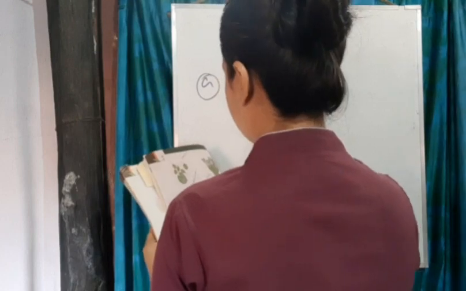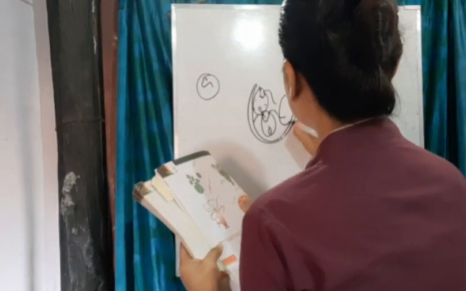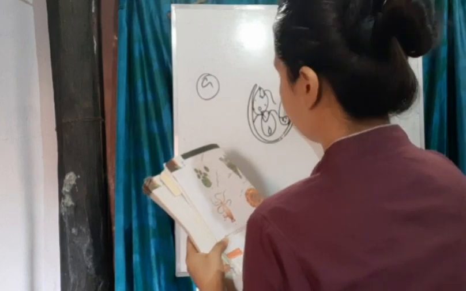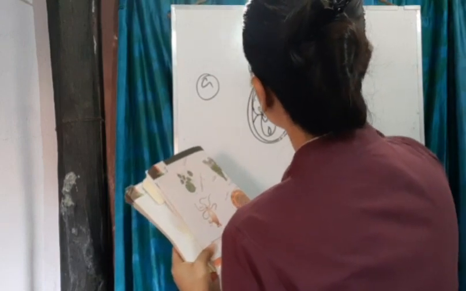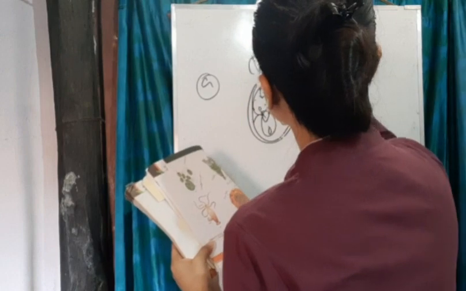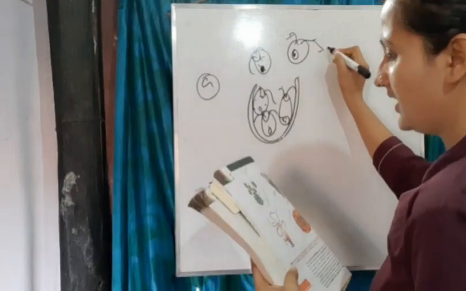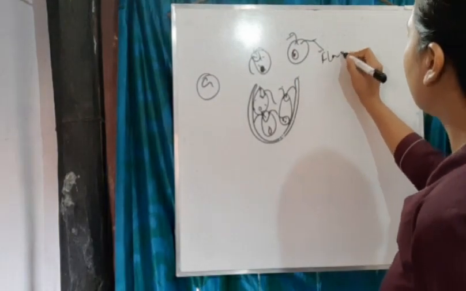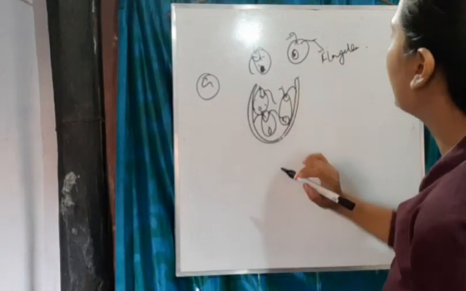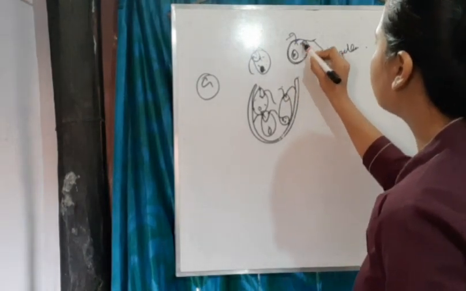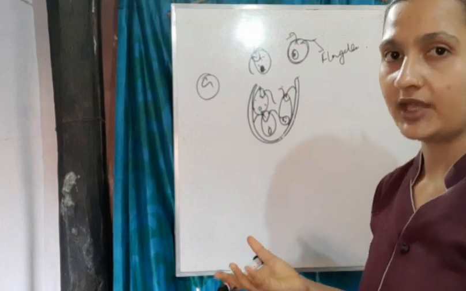So these are zoospores, which are present inside a zoosporangium. So they are released, this is the nucleus, this thread-like structure is present, okay, and this thread-like structure is called flagella, which helps in movement, helps them to swim in an aquatic habitat, okay.